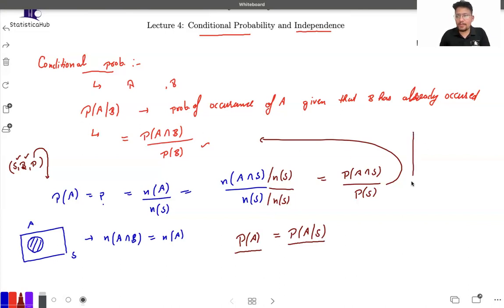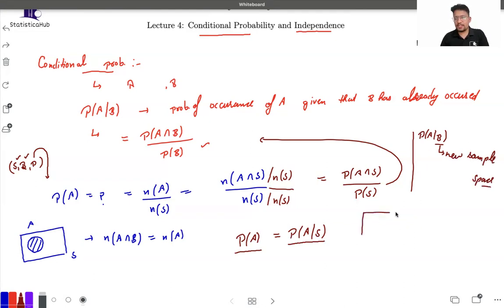So if you say the probability of A given B, that means in this setup, we are defining that we have to find the probability of event A given that you are given some sample space. Now, in this setup, you are not given the sample space, you are given the event B, that is your new sample space. This is another way in which we can see this particular probability.